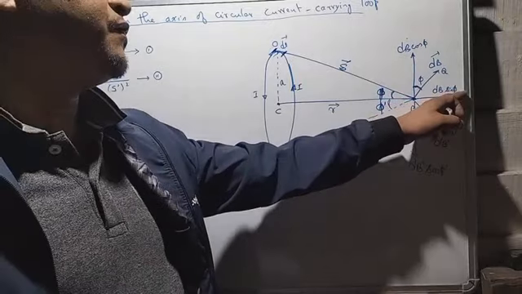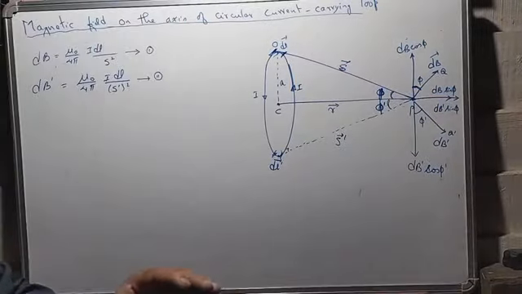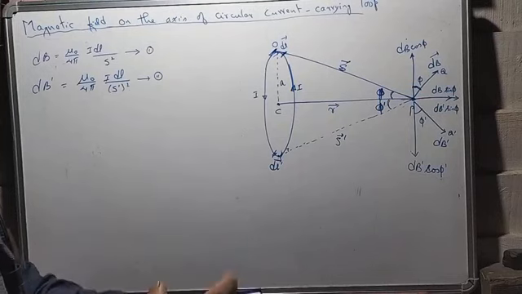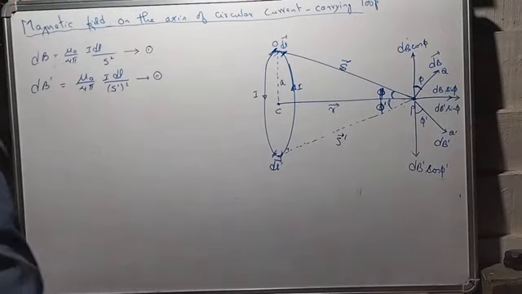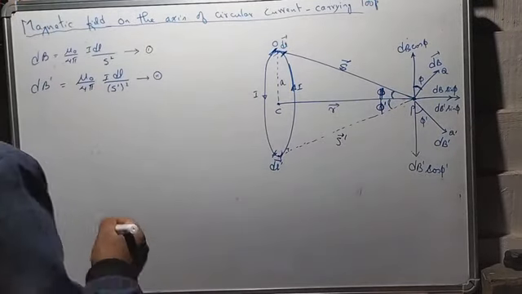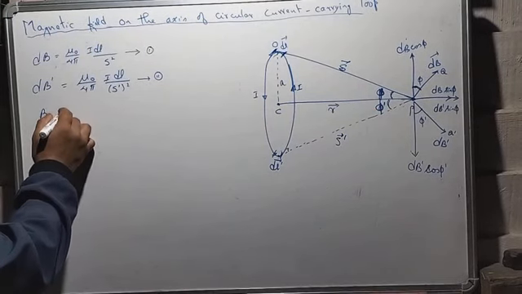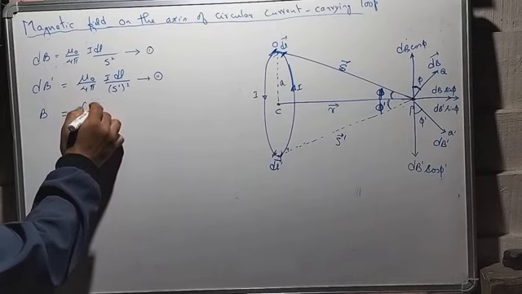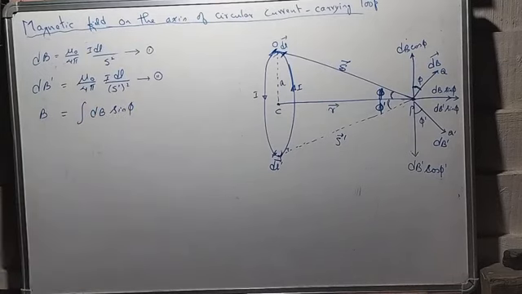These act along the same direction, so they will add up and contribute to the total magnetic field at this point P. Therefore, the total magnetic field at point P can be written as B equals the integration of dB sine phi. I hope this is clear.